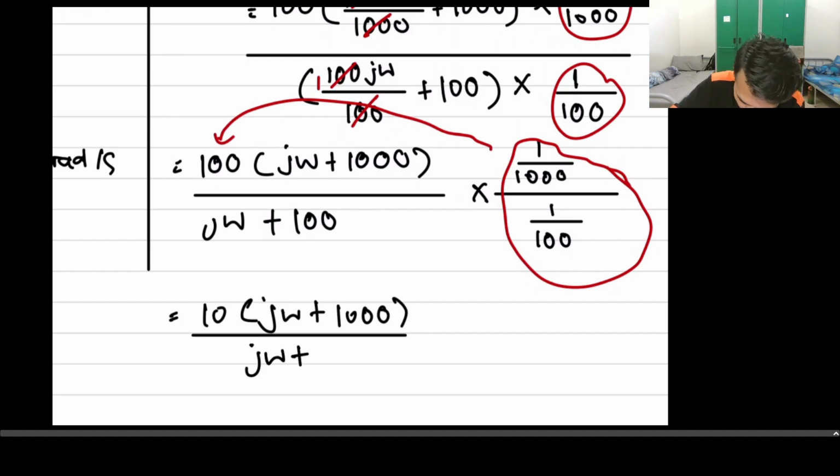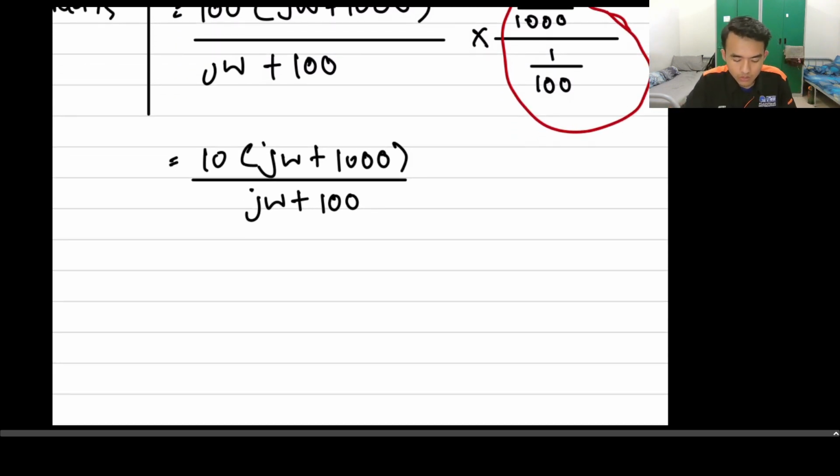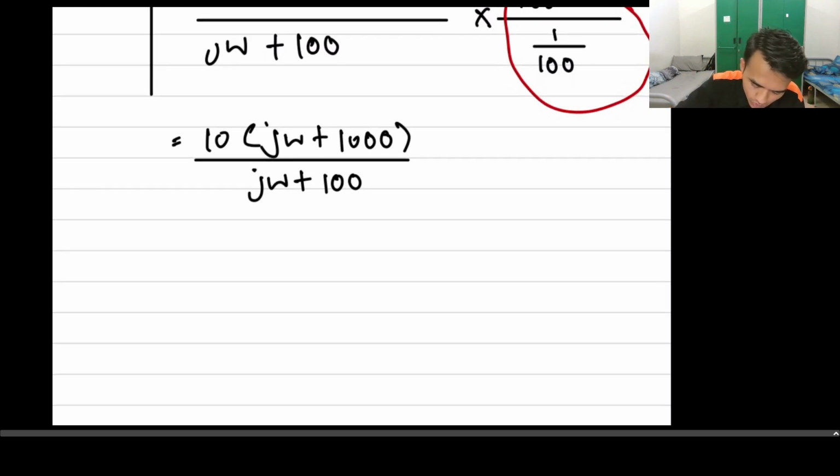So you can make this as a final answer, or you can convert it in s and not jω. So for the 10, you replace jω with s.